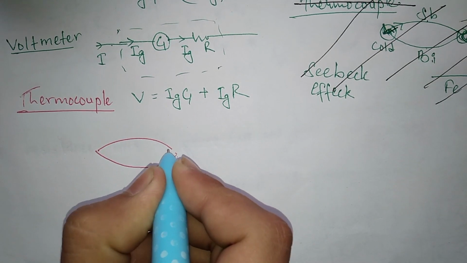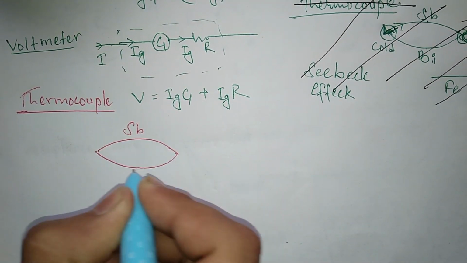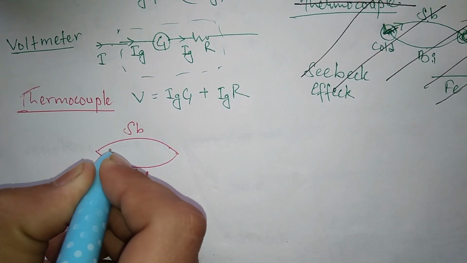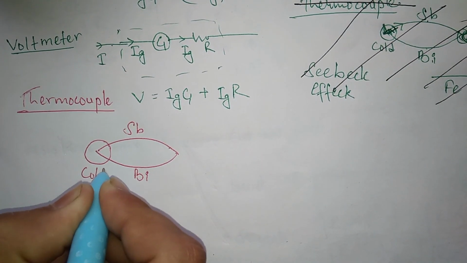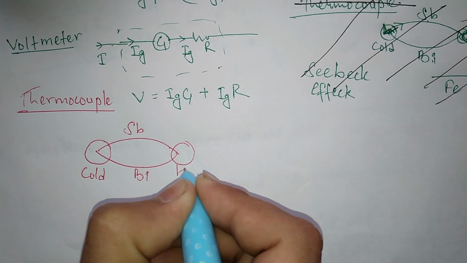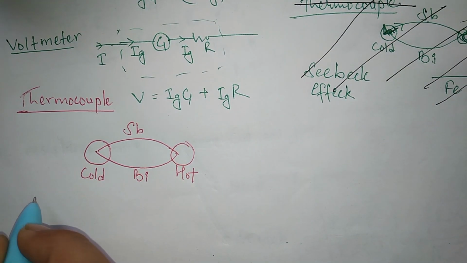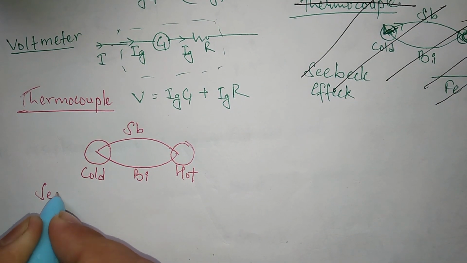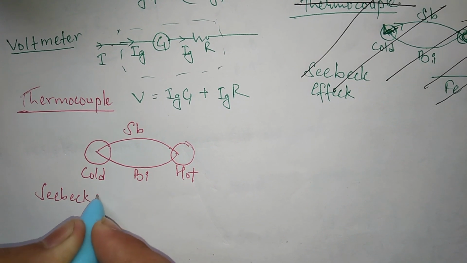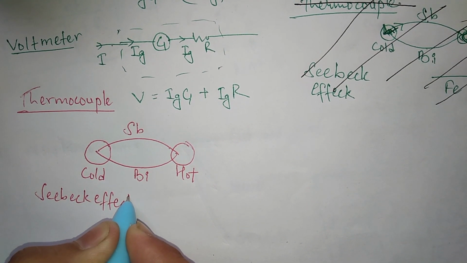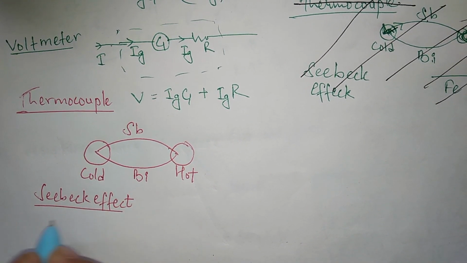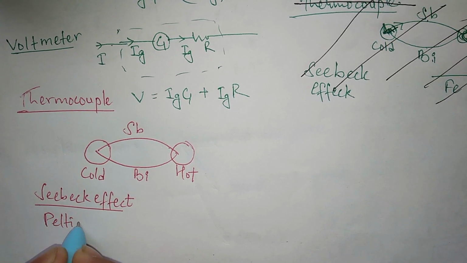Let's take two metal wires, antimony and bismuth, and here is the cold junction and here is the hot junction. Now there are two effects on this. One is the Seebeck effect and another is the Peltier effect.